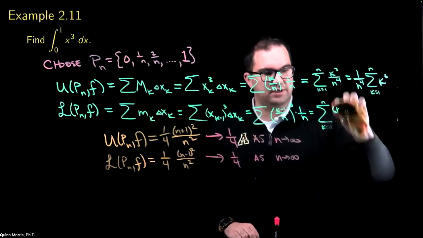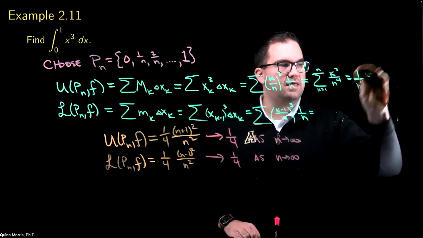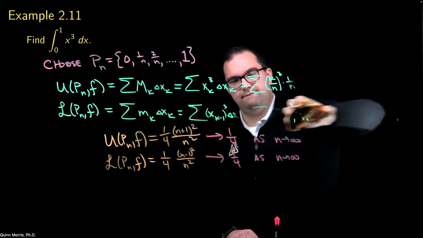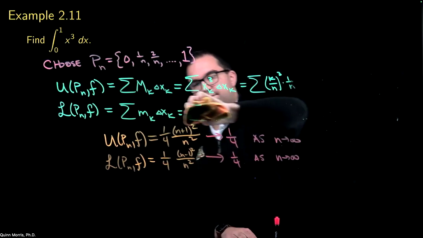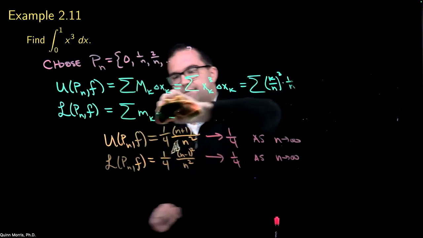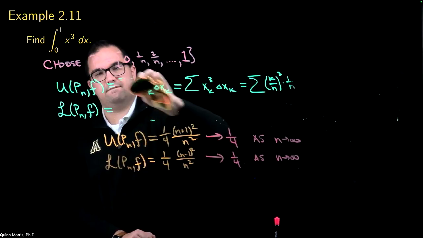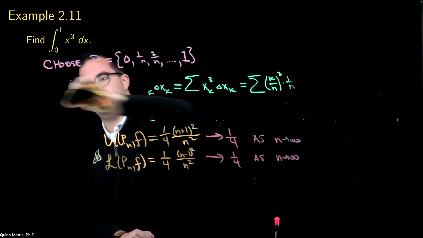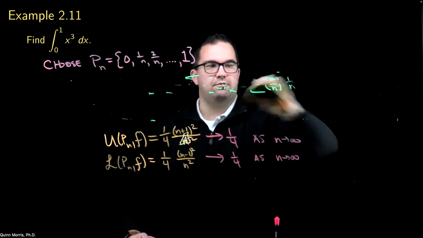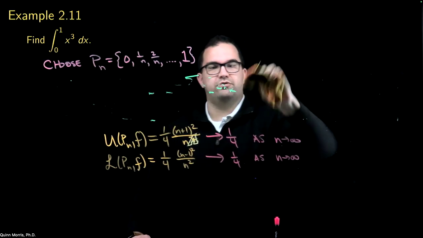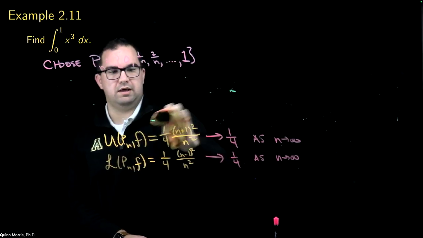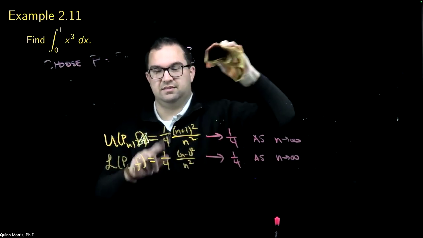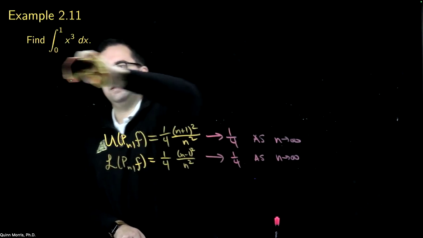But I can use this to help me see that, in fact, for any partition, as I take the infimum over all partitions of the upper sums and the supremum over all partitions of the lower sums, I will get 1/4 for both of those.